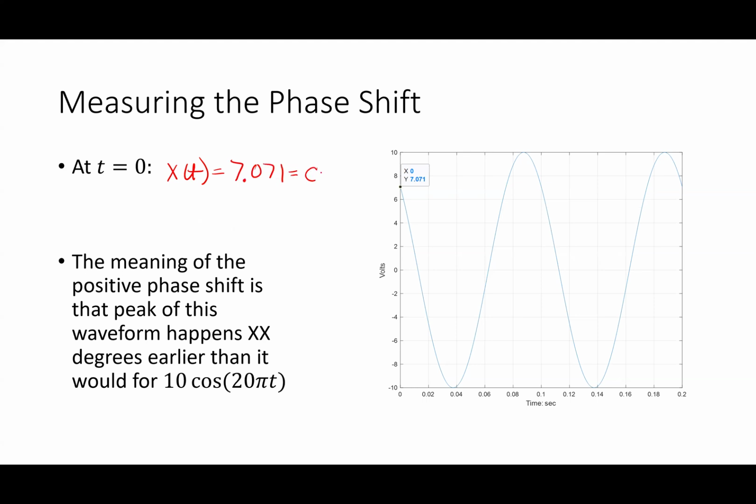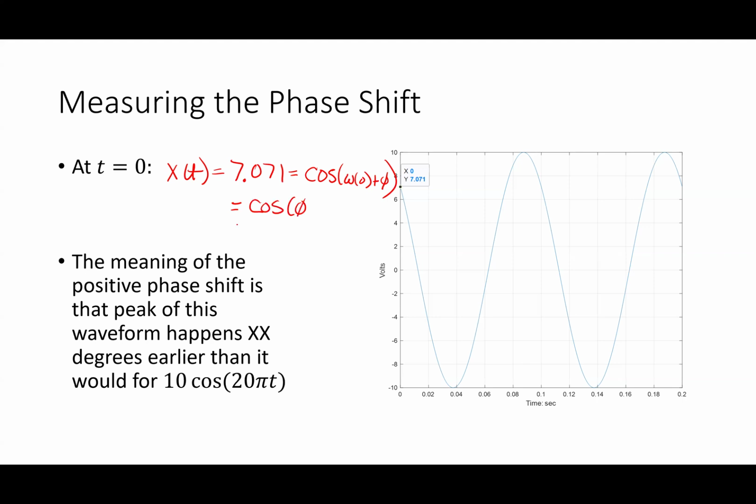And that's equal to cosine of omega times 0 plus phi. Omega times 0, what's that equal to? 0, right? So this is cosine of phi.